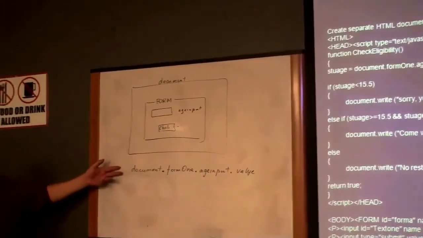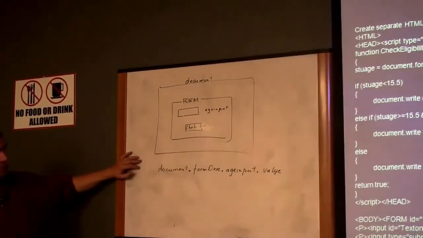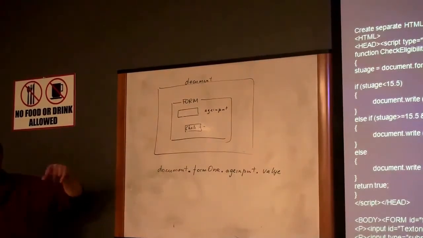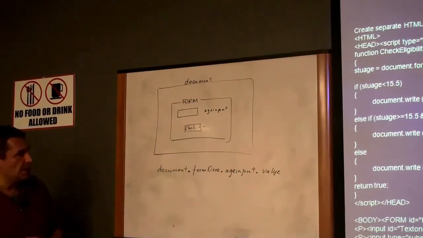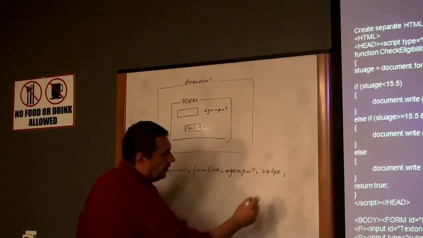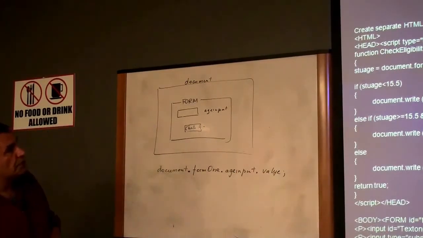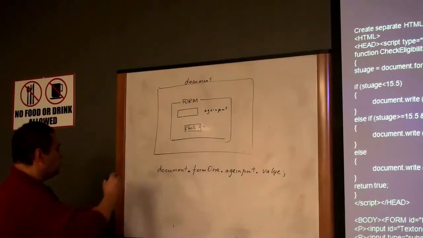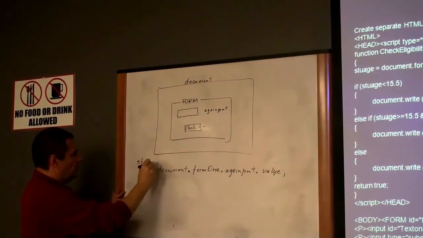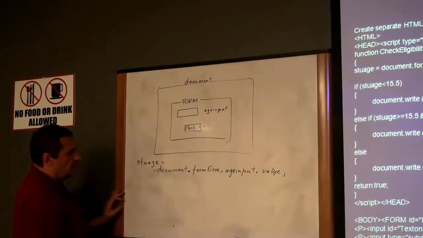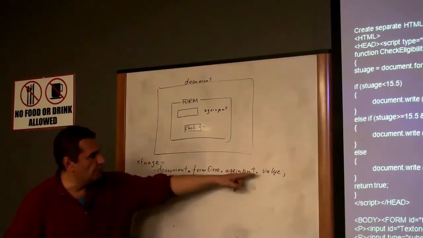But if I don't have a mechanism for storing this information, that value will be gone. Remember when we were talking about variables, I have to be able to store that in a variable. That's why I declare a variable which I call stuAge over there. I'm saying stuAge equals document.form1.ageInput.value.